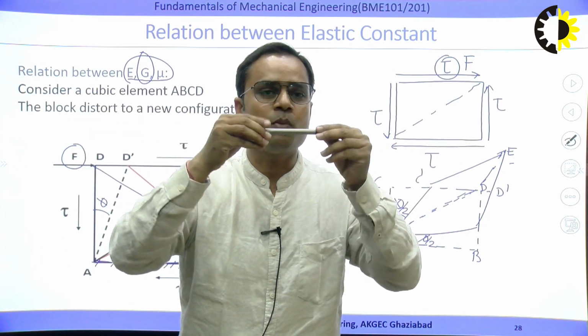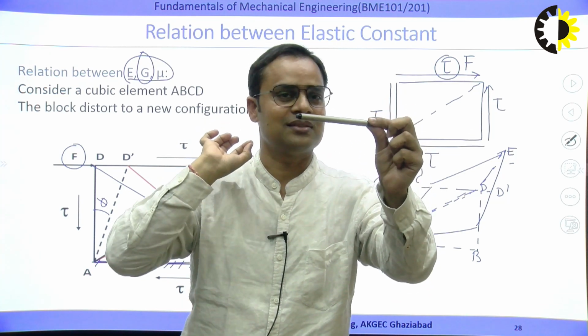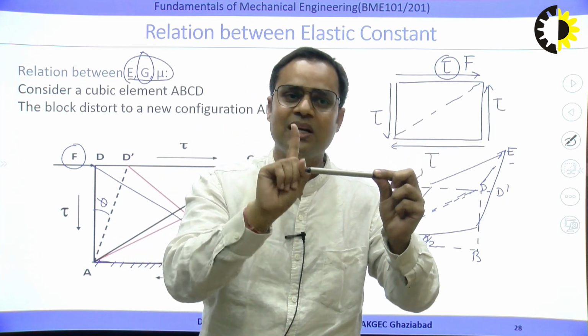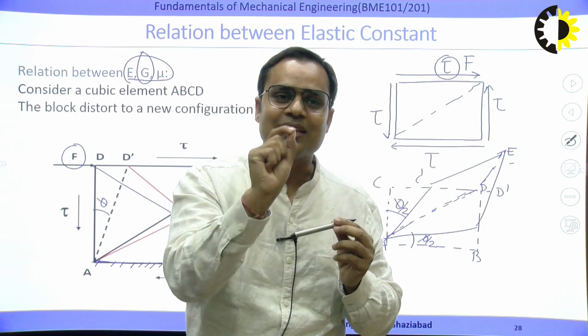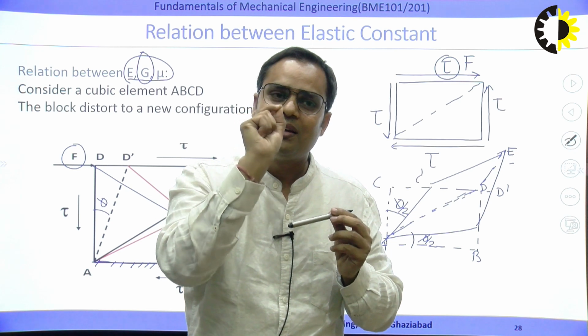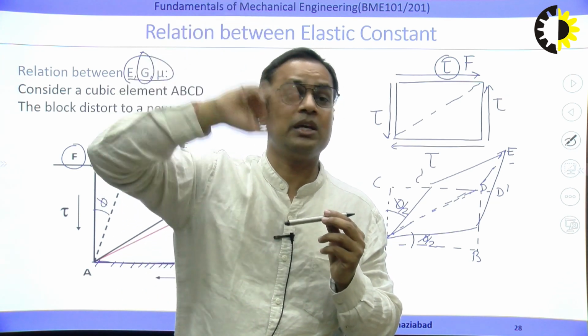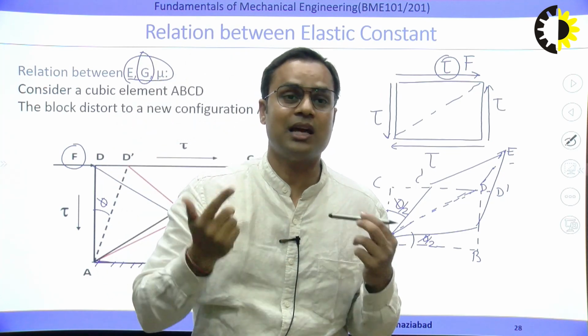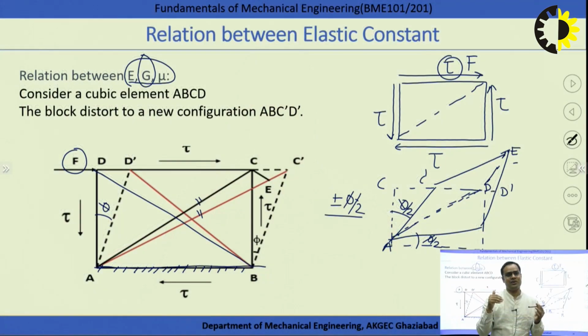If we compress from both sides, there is a possibility of the length shortening. It means one diagonal, which is at 45 degrees, is subjected to tensile normal load. The other diagonal, which is at 135 degrees or perpendicular to the first diagonal, is subjected to compressive normal load. I hope it is clear to everyone.